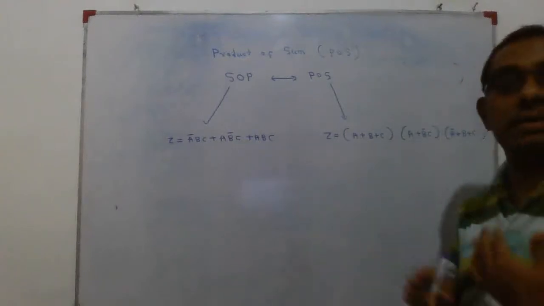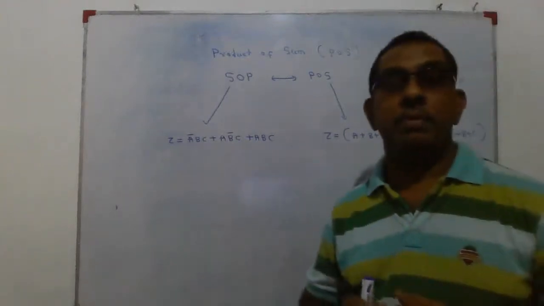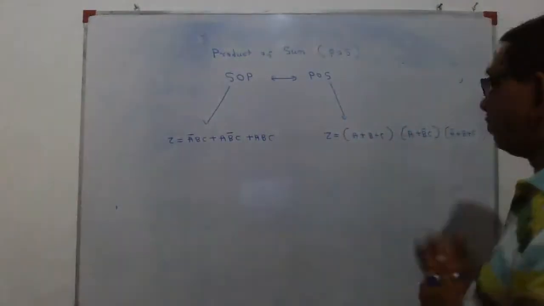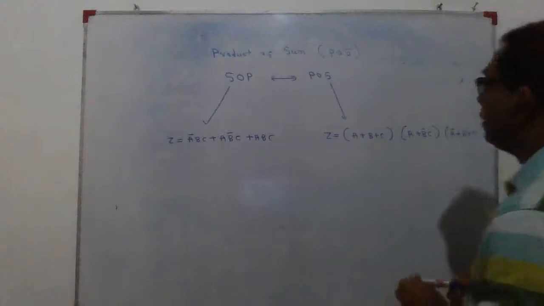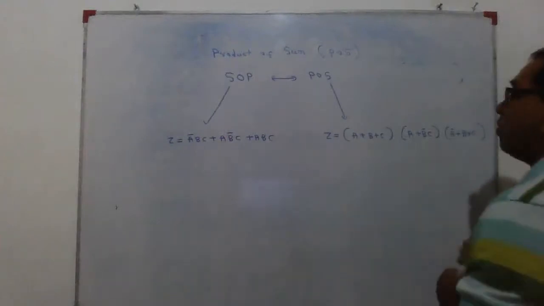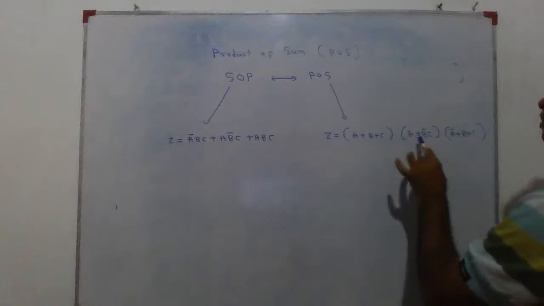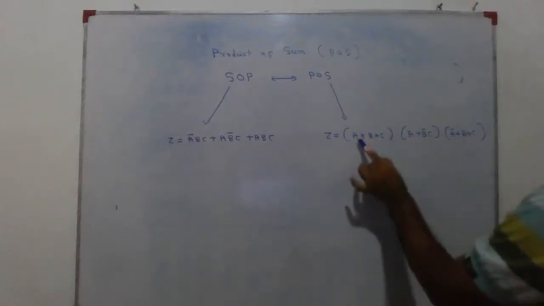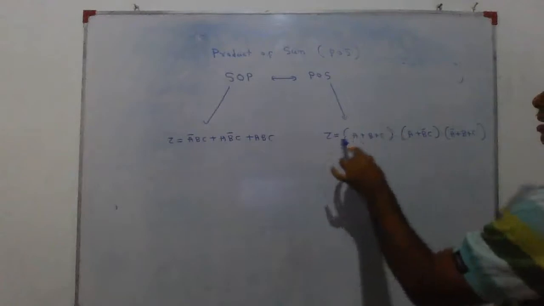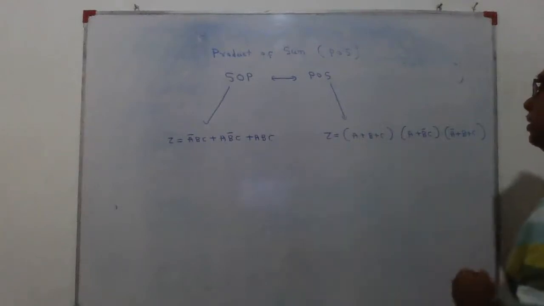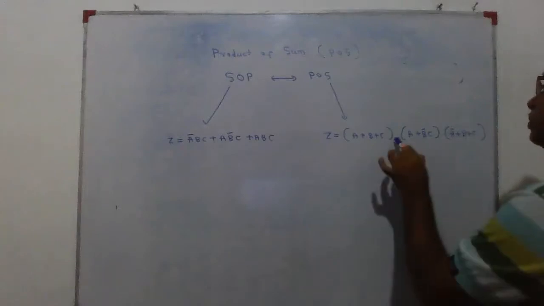POS is another way of taking the output. In POS statements, we have OR gates. Outcome of OR gates, see A or B or C is one OR gate. It goes to an AND gate finally.